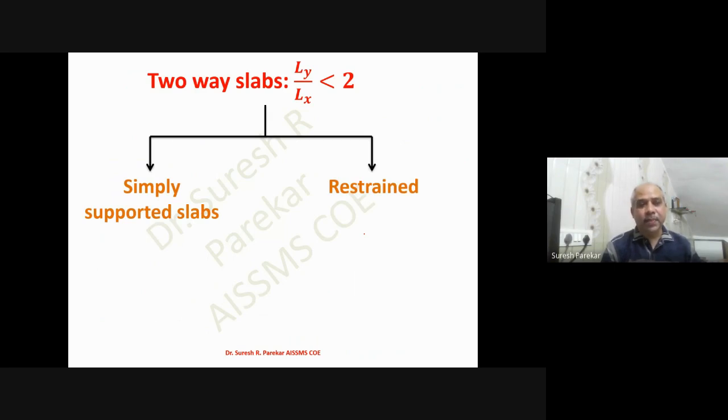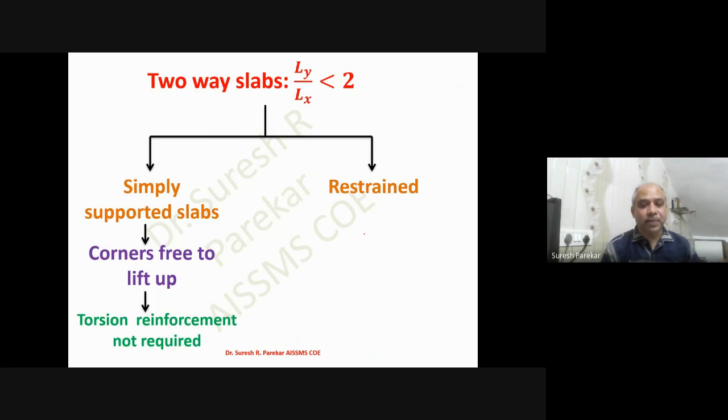Now these simply supported and restrained slabs we are going to classify depending upon the casting of the slabs with the supports. If we do not have monolithic casting, then the corners are allowed to lift up. When corners are allowed to lift up, that means no torsional stresses are developed, so we need not require any torsional reinforcement in case of simply supported slabs.